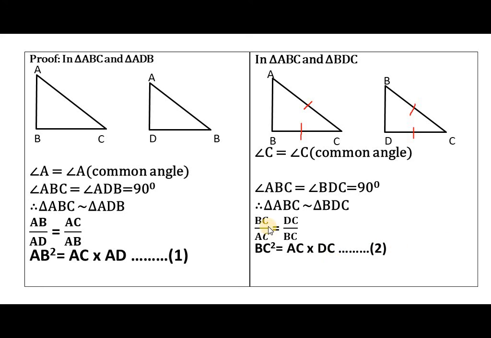Now if you cross multiply, you will get BC into BC, which is BC square, is equal to AC into DC. Now we have two equations: AB square is equal to AC into AD and BC square is equal to AC into DC.